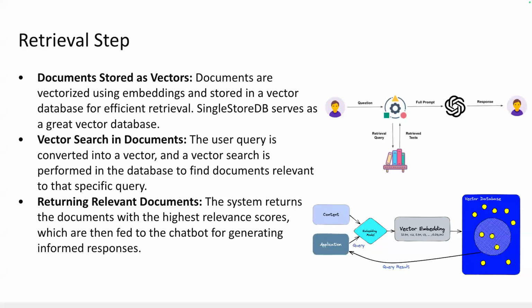So when a query arrives, it's similarly converted to a vector using the same embedding process. And a vector search is executed against the database to identify documents whose vector representations most closely match that query vector. This is a nuanced operation where it leverages the geometry of these high dimensional spaces to find matches based on semantic similarity.